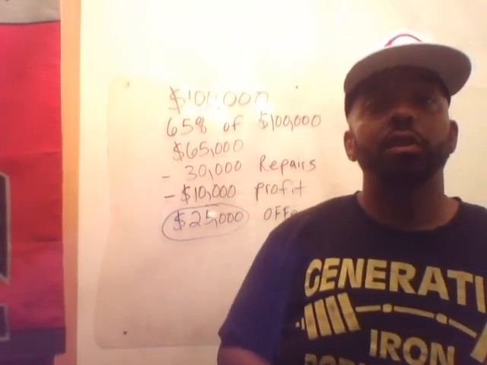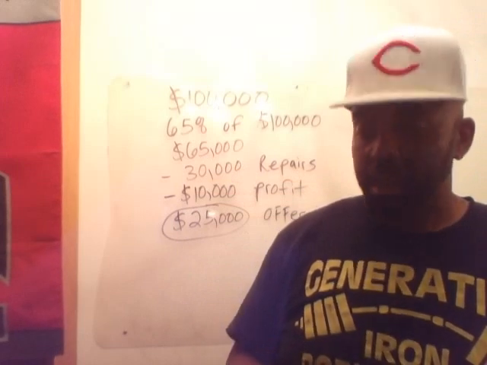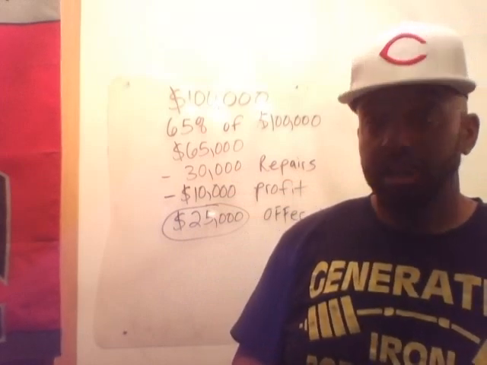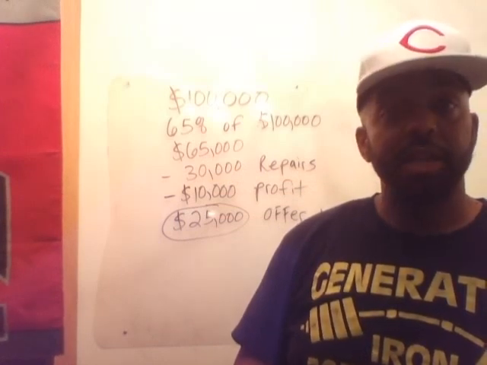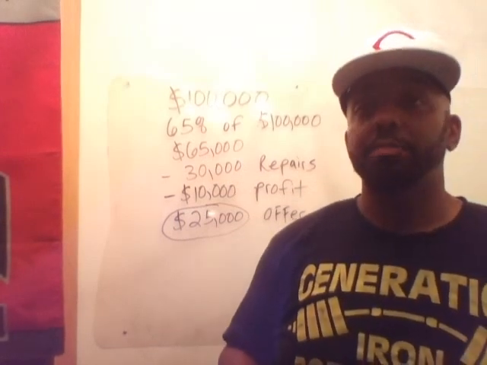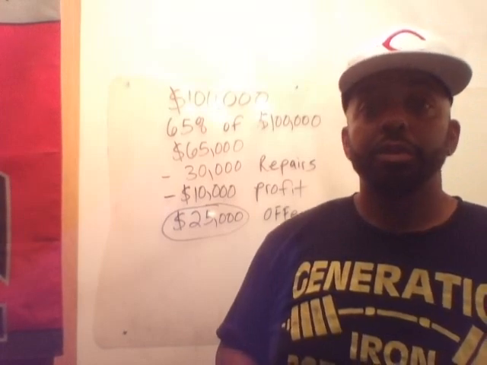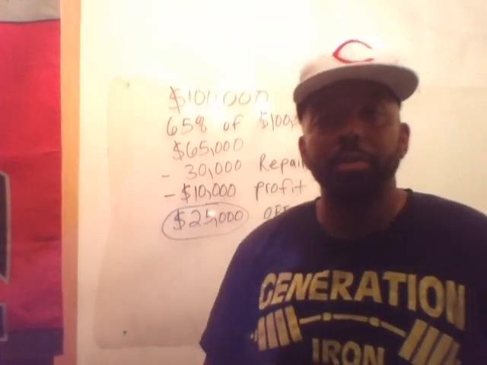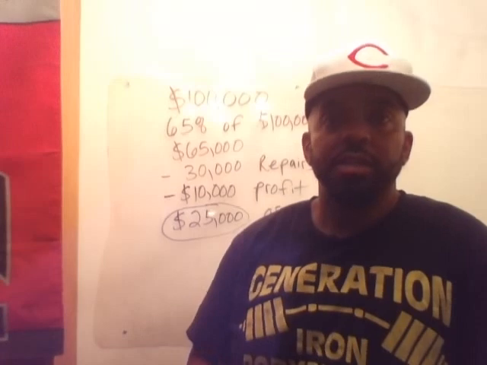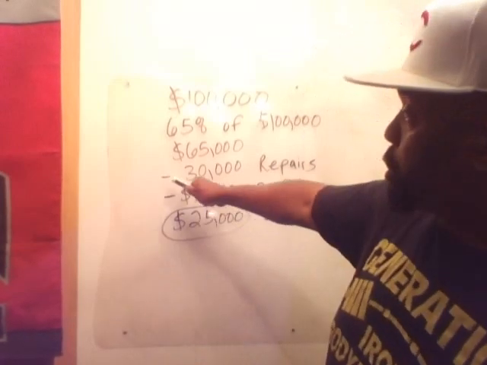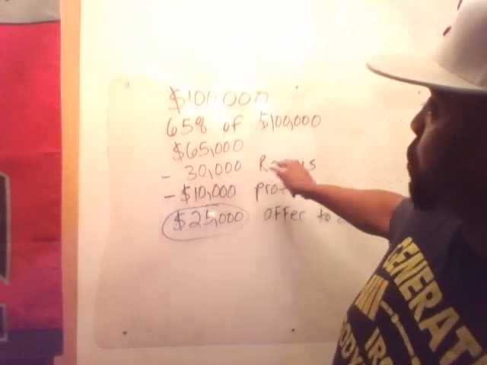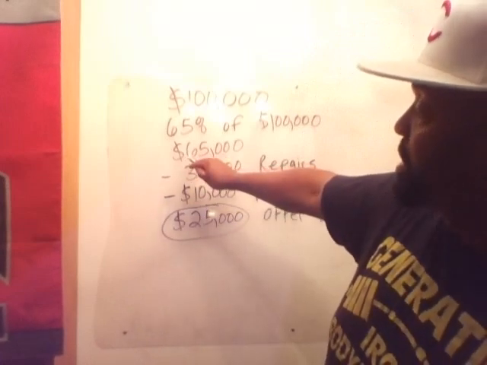You talk to the seller, and he says the roof's leaking, the windows are busted out, it's been vandalized, and he's just sick of this property. You say, man, that sounds like a total rehab. I'm going to say this is $30,000 in repairs. So you subtract $30,000 in repairs from $65,000.